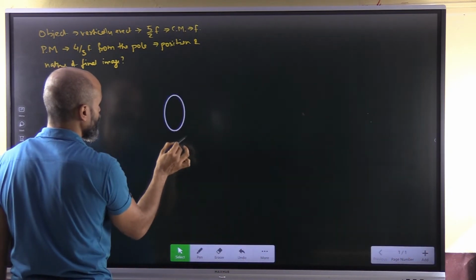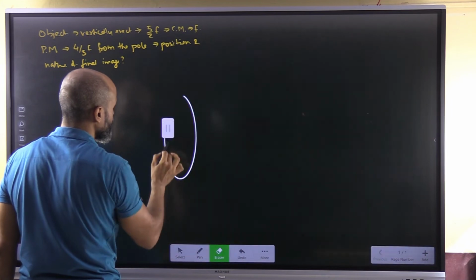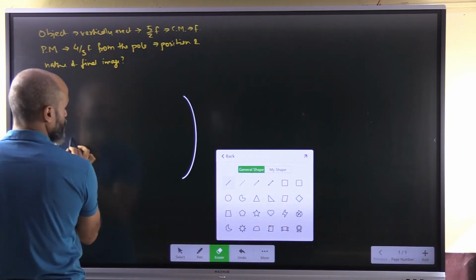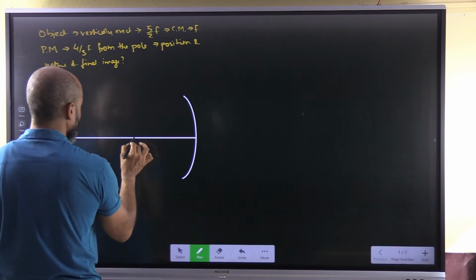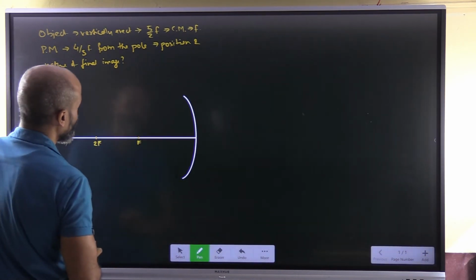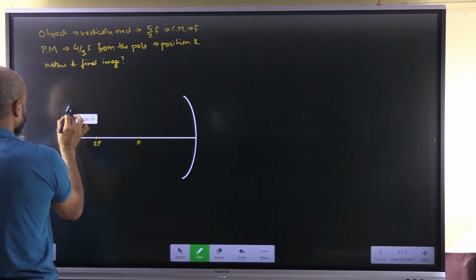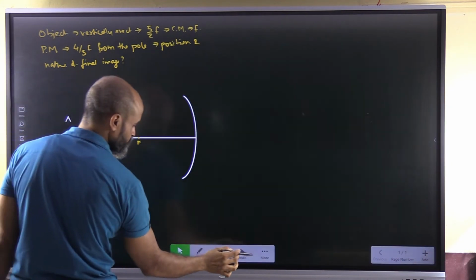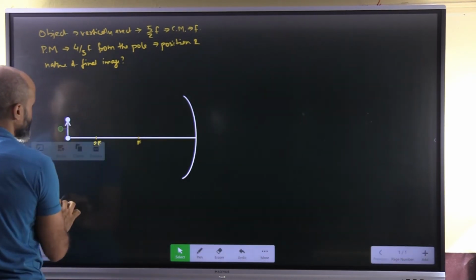So if we happen to make the concave mirror here and we happen to erase this portion, this is basically a concave mirror, and we have the principal axis somewhere like this, and let's say this is the focus, this is 2f, focus and 2f, and this is the object which is placed at a certain distance.